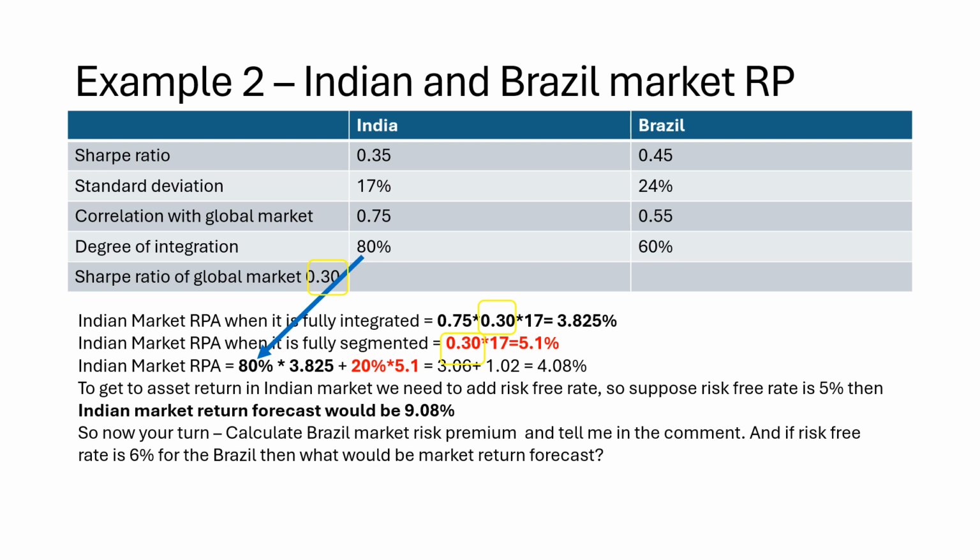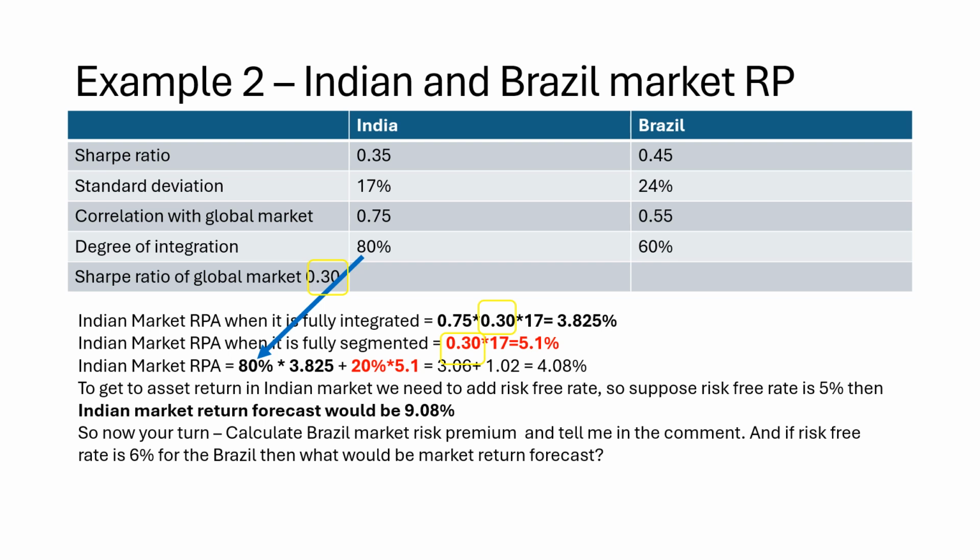Now let's calculate the fully segmented one. For the fully segmented, we have the Sharpe ratio and the standard deviation. That's it, just the two terms. So now we have the fully segmented RPA of 5.1%.